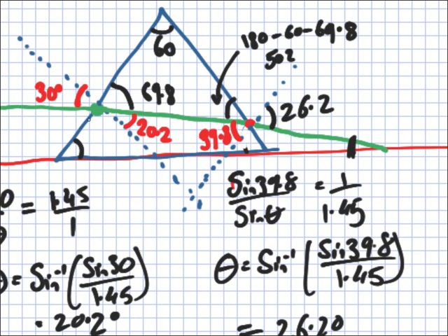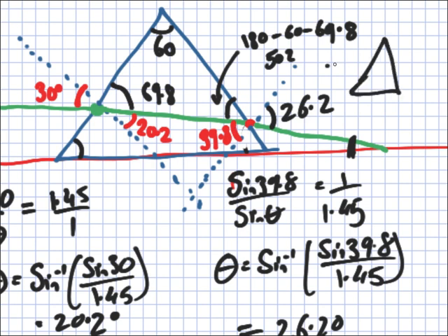Goes up. That's 30. That's 20. Maybe the light doesn't hit the table.